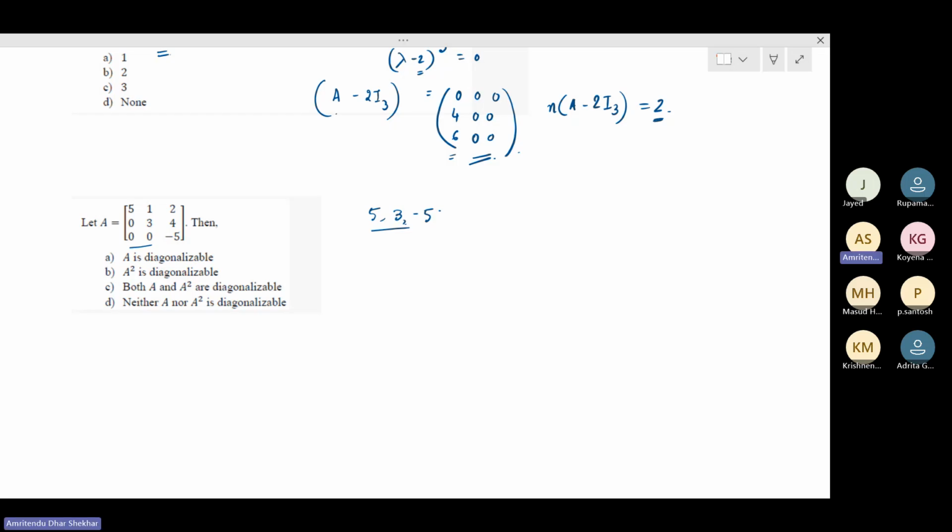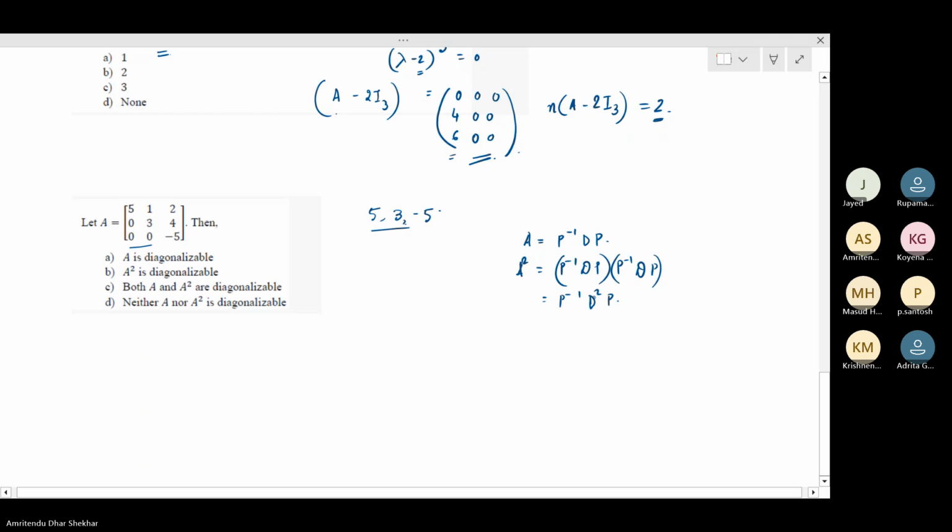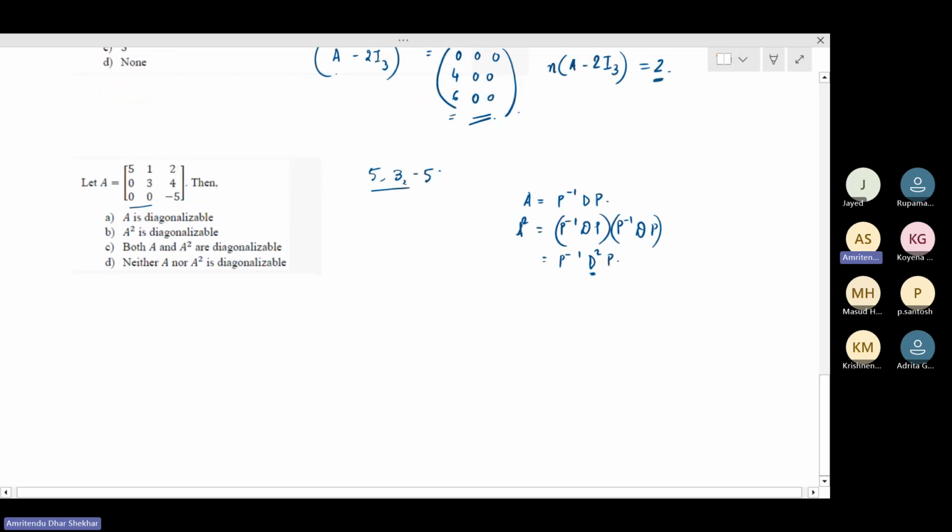Okay, so if A is diagonalizable, I can write A as equal to some P inverse D P. And what is A squared? A squared is equal to P inverse D P times P inverse D P, which is equal to P inverse D squared P. If D is a diagonal matrix, then of course D squared is also a diagonal matrix.